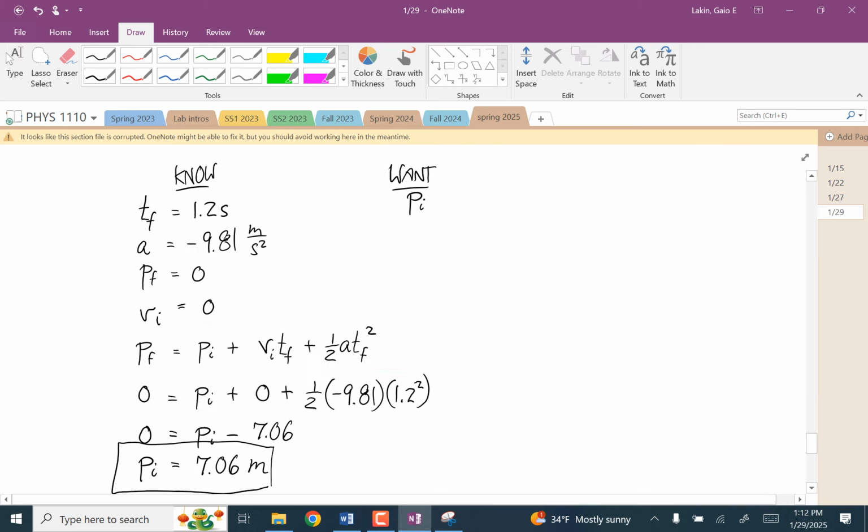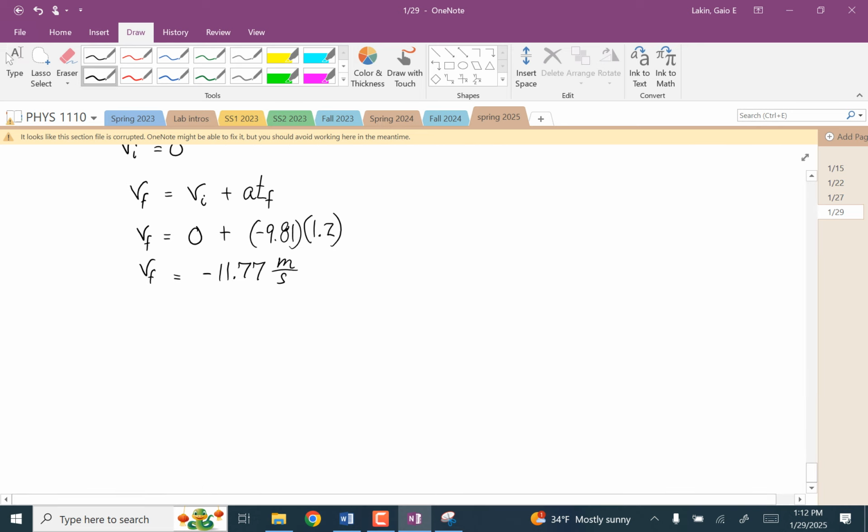Okay, so now what if we didn't notice that this equation works? This one does too. So what would happen if we use this one? So now we go 2 times negative 9.81 times 0 minus 7.06 is equal to V final squared minus 0 squared.